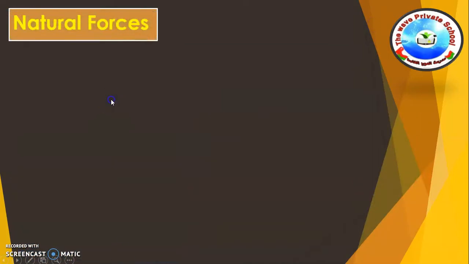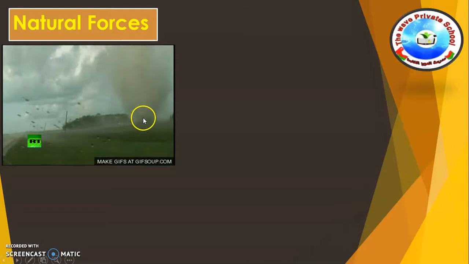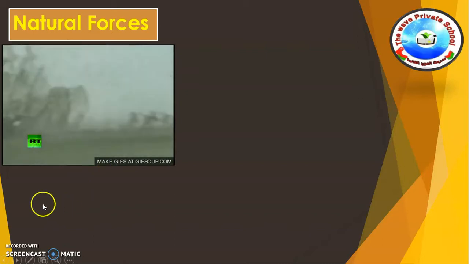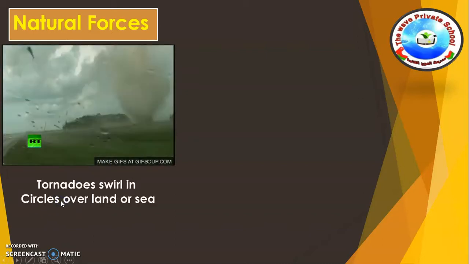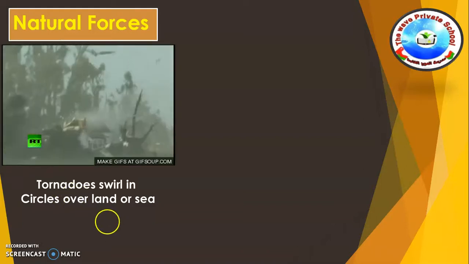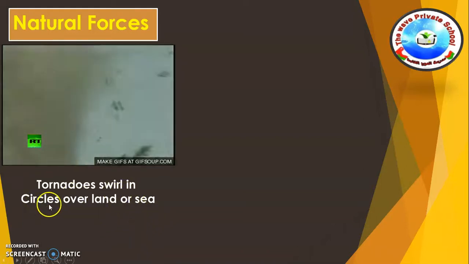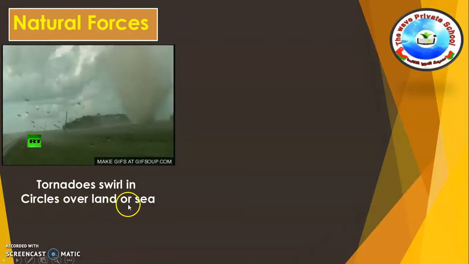Okay, not only that, look at this. So this is caused by wind. And this is what we call a tornado. Okay, say the word tornadoes. So a tornado swirls in circles over land or sea, and this is caused by a very strong wind.